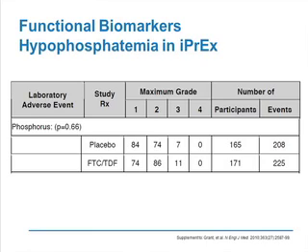These data come from the iPrEx study published in the New England Journal of Medicine several years ago. The study was comparing FTC tenofovir to placebo in about 3,200 seronegative men at high risk for contracting HIV due to unsafe sexual practices.